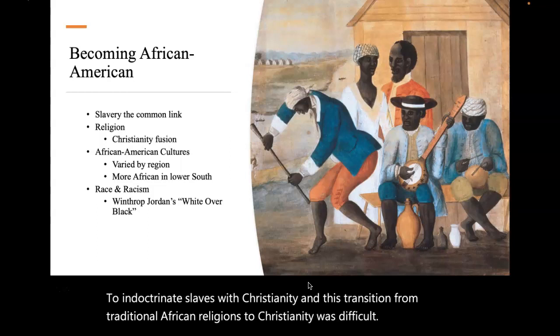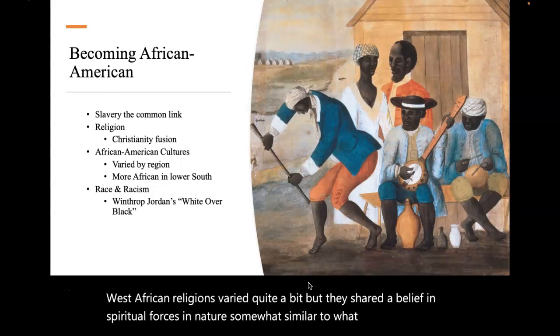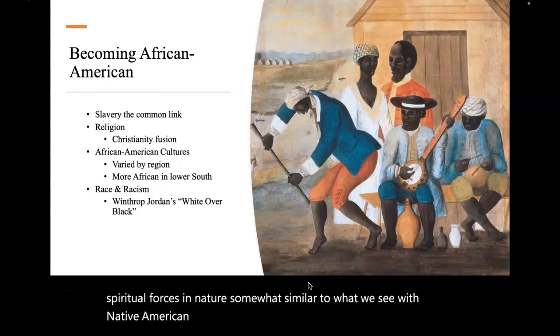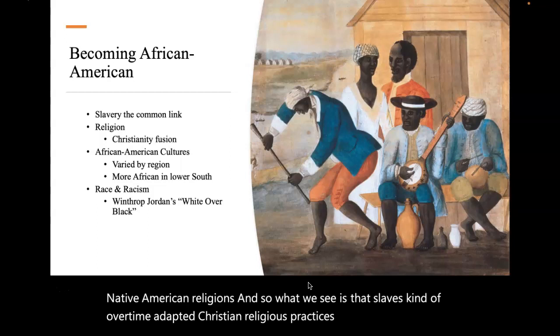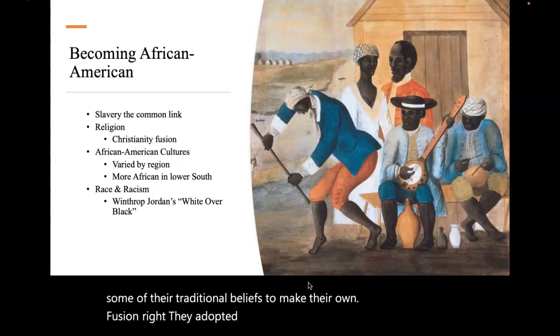West African religions varied quite a bit, but they shared a belief in spiritual forces in nature, somewhat similar to what we see with Native American religions. And so what we see is that slaves over time adapted Christian religious practices, but melded them with some of their traditional beliefs to make their own fusion, right? They adapted it to suit their needs and their beliefs.